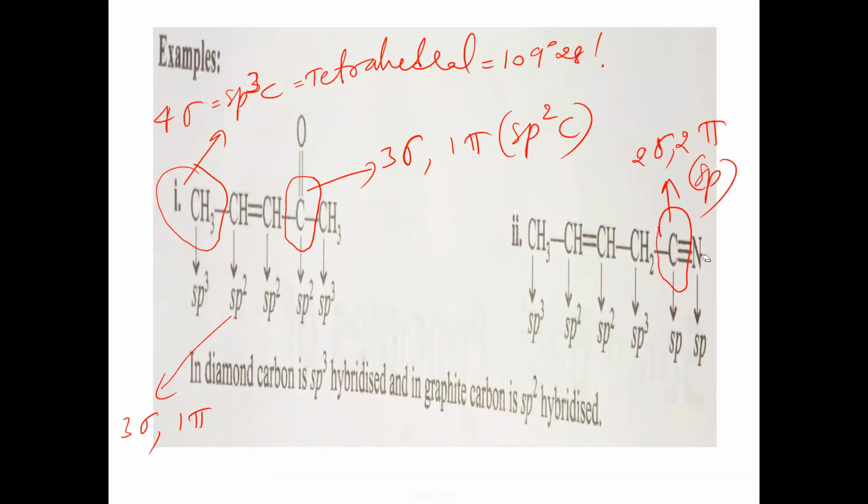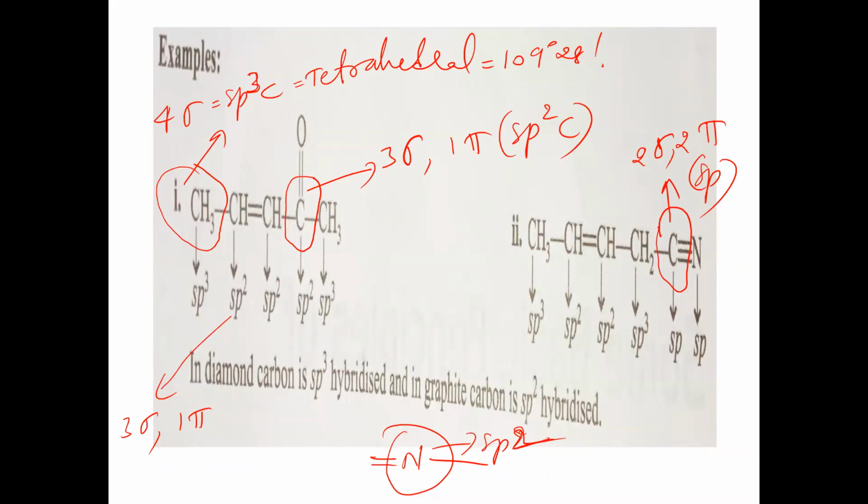And the nitrogen with a triple bond is also sp. And nitrogen with a double bond is sp2. Double bonded nitrogen is sp2, and triple bonded nitrogen is sp.